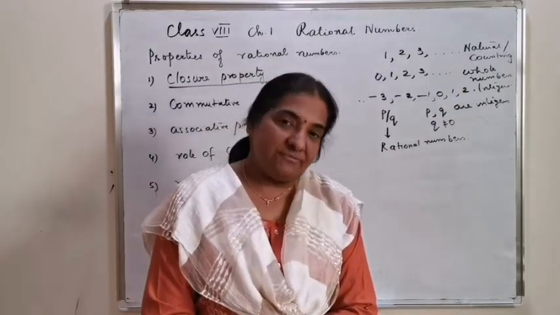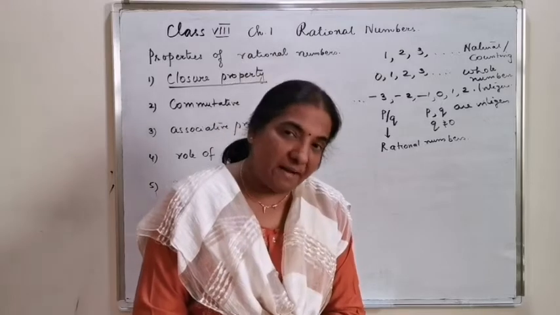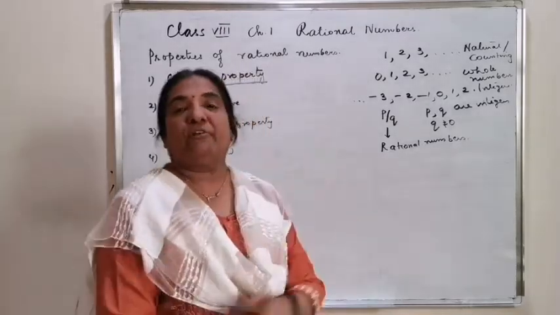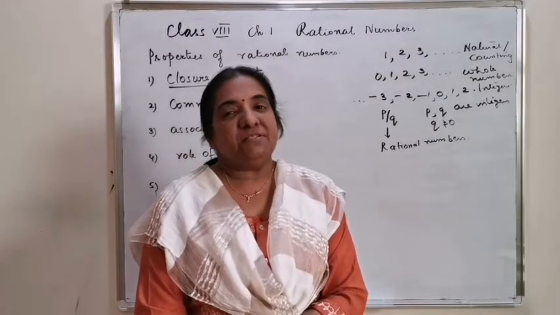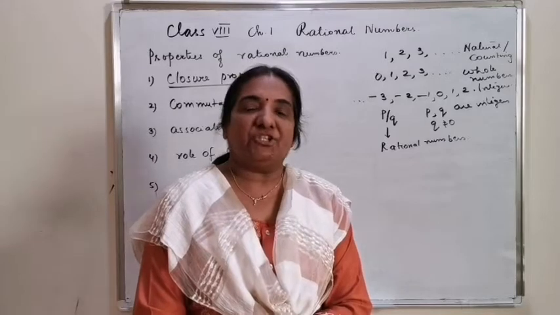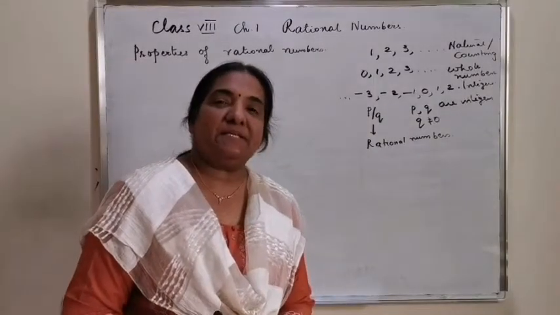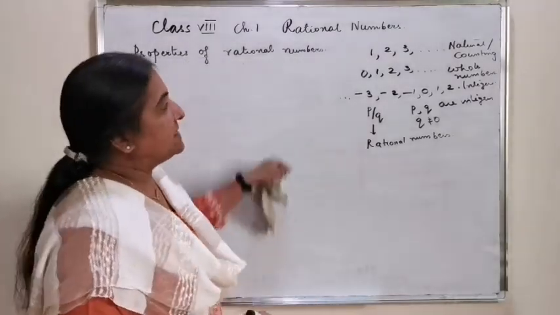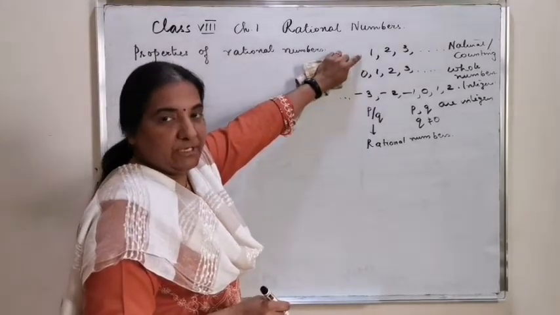How can you justify whether the properties are satisfied? By the help of the 4 fundamental operations in maths: addition, subtraction, multiplication, and division. With the help of examples, you will understand the concept very well. Let's take the first set of numbers as natural numbers.